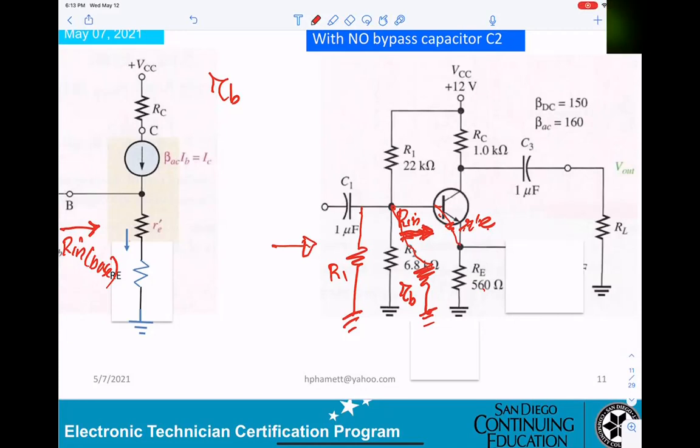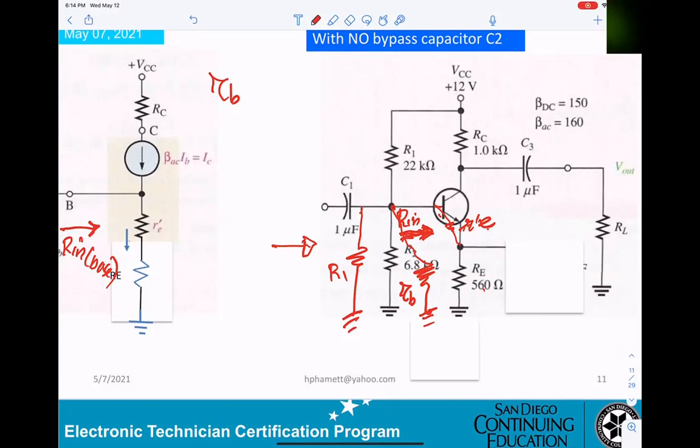Okay, so now, Mr. Pham, is that added on or is that in? If you draw it, then you can say RB in parallel with R prime E and R big E, right? That means they are the same from the base to the ground.